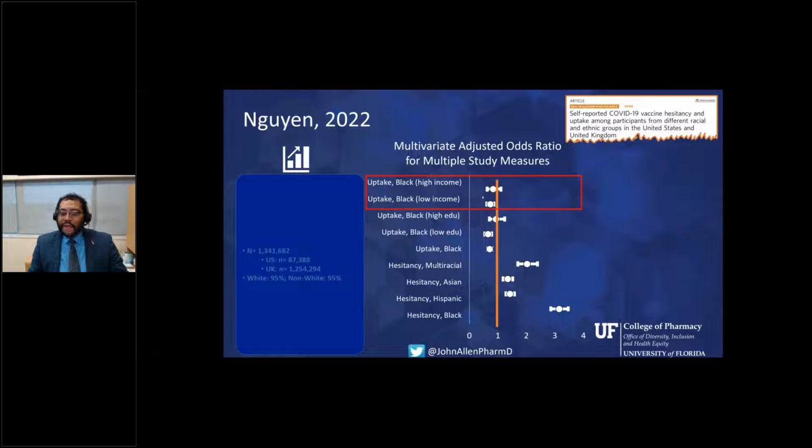Furthermore, when we look at income, again, high income Black patients had no differences as compared to non-Hispanic white high income earners. But when you look at Black patients with respect to uptake and income as the variable, there was a statistically significant difference there and lower odds of vaccine uptake.